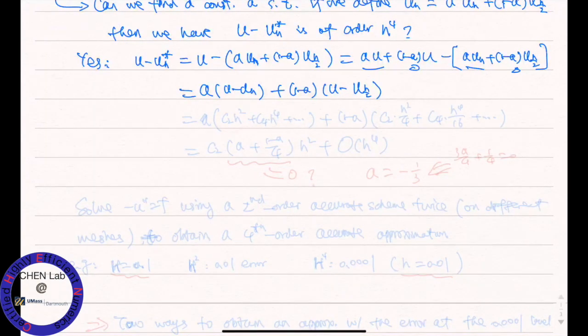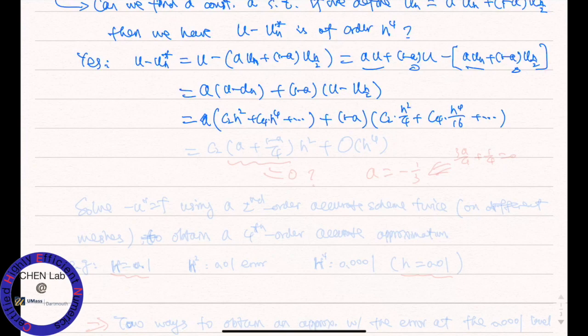So what does this tell us? We know U minus U_h is C2 h squared plus C4 h to the fourth, and so on, plus (1 minus a) times (C2 h squared over 4 plus C4 h to the fourth over 16), and so on.